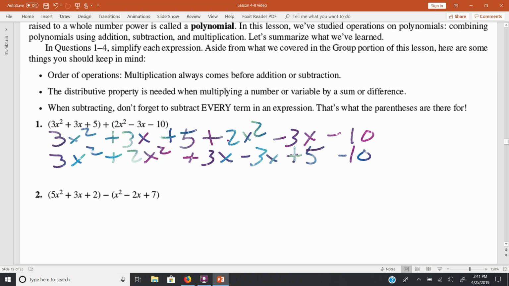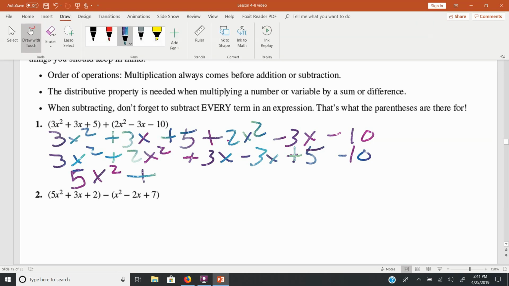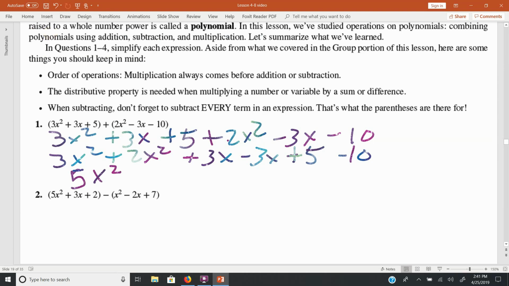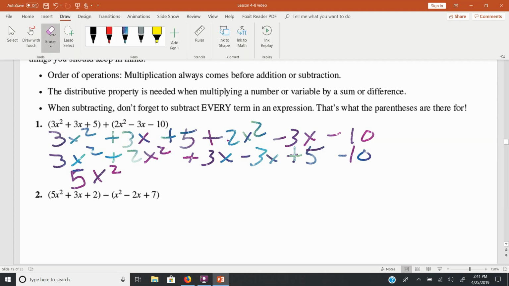But I do happen to know that if I have 3 x squareds and then I have 2 more x squareds, I'll have a total of 5x squared. And likewise, if I have 3x's and I subtract 3x's, I end up with 0x's.